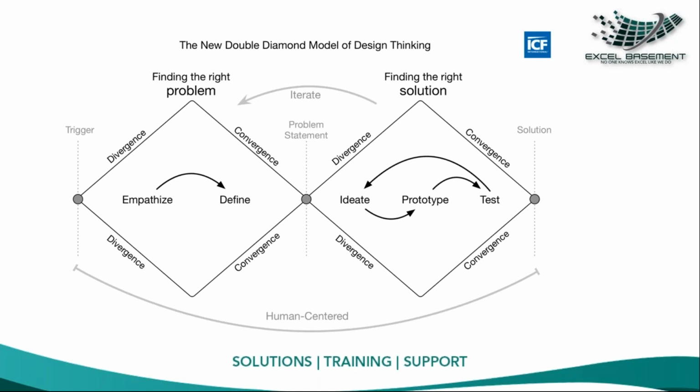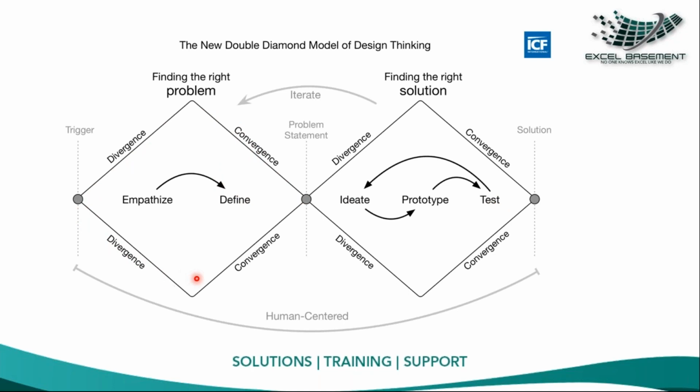So, the new double diamond model of design thinking. This model itself is called the double diamond, and again there are 5 stages. For example, if we are doing design thinking with the 5 stages, empathize, define, ideate, prototype and test, we split it into 2 diamonds.